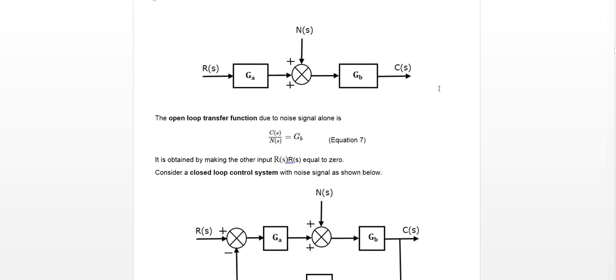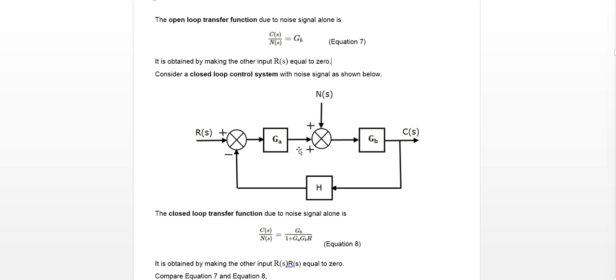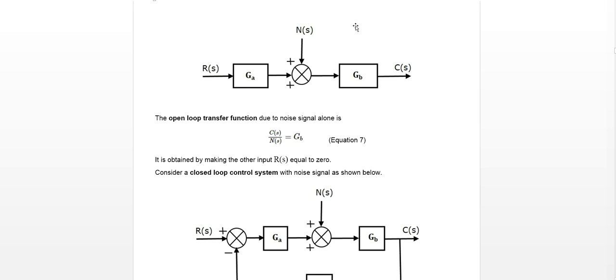So this is obtained by making the other input RS equal to 0. So consider a closed loop control system with noise signal as shown. So if the control system has no feedback, automatically this original input becomes lost. So the transfer function now becomes the ratio of the output and the noise only.